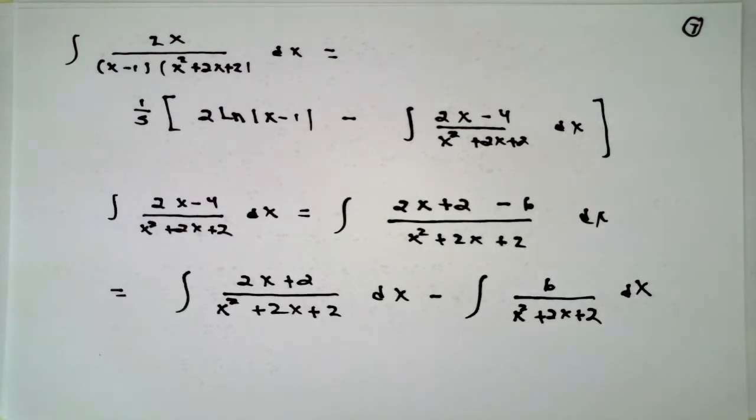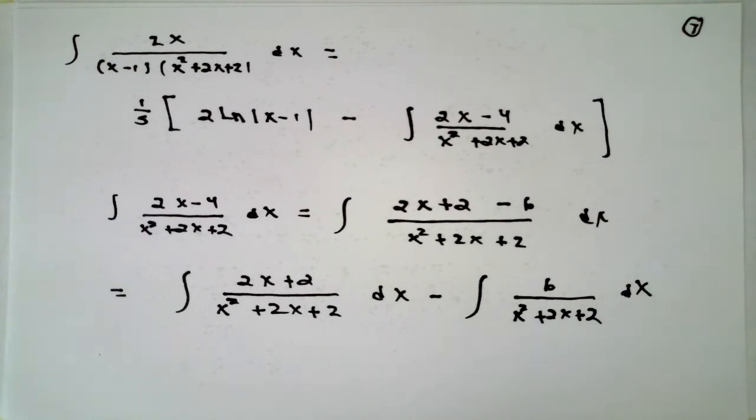This isn't very hard to do, though, because 2x minus 4 is the same thing as 2x plus 2 and then subtract 6 away. The reason that I'm wanting to do this, of course, is the derivative of x squared plus 2x plus 2 is 2x plus 2. This integral will be easy to do with the u substitution. You would let u equals x squared plus 2x plus 2.